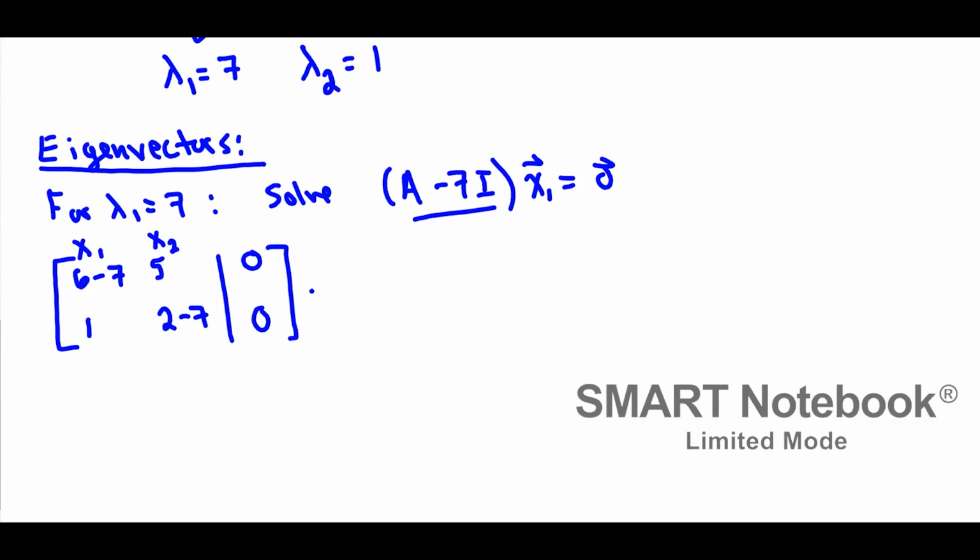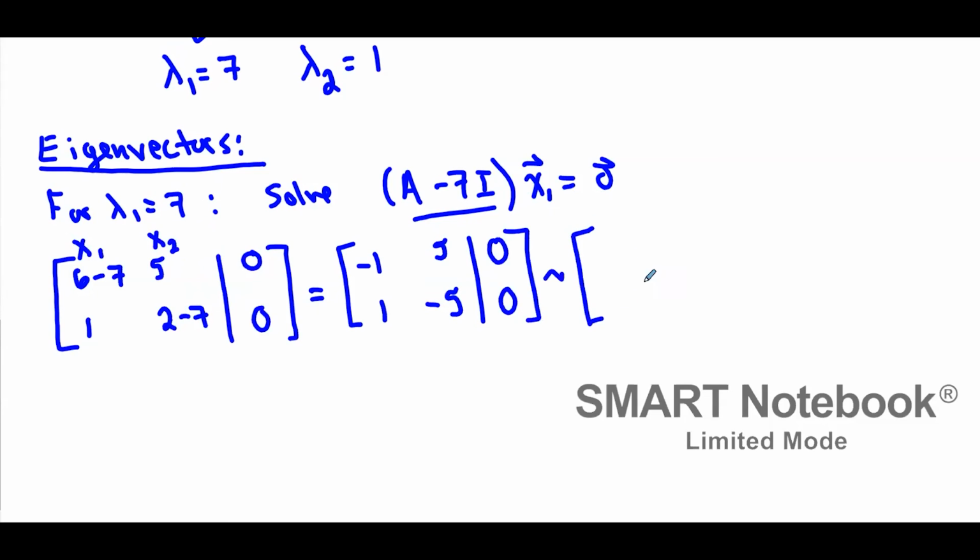So now that's -1. This one's -5. And if you reduce it, you can see this is going to be this and a row of zeros. So this one's free.